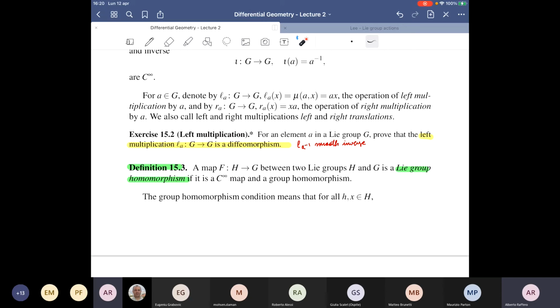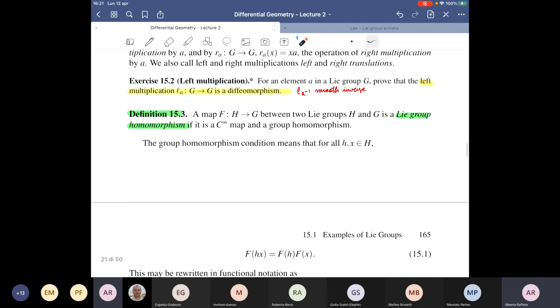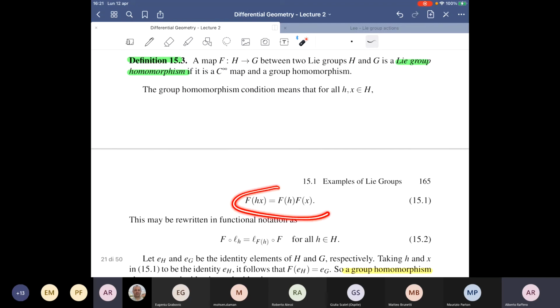From the algebraic point of view, a homomorphism between two Lie groups will be just a smooth map between these two smooth manifolds, which is also a group homomorphism, so which preserves the group operation we have on the two groups separately, and which satisfies this identity that we already met earlier.